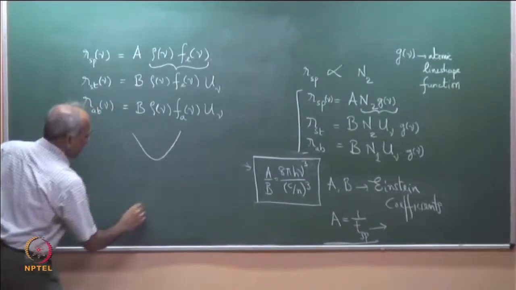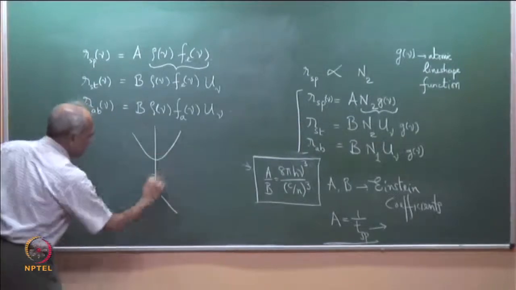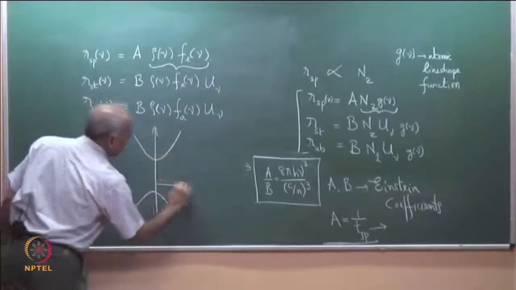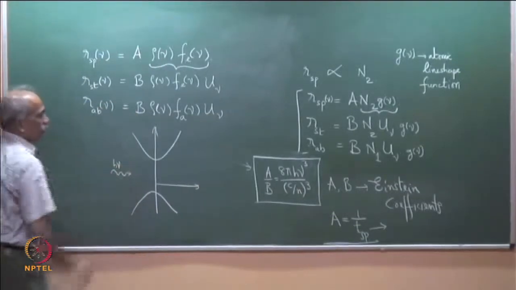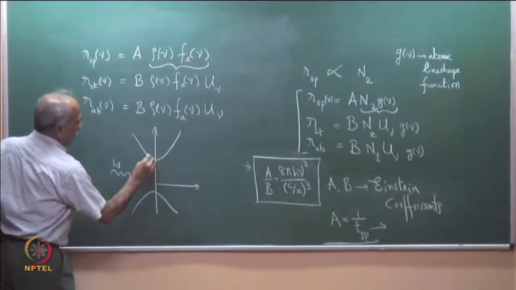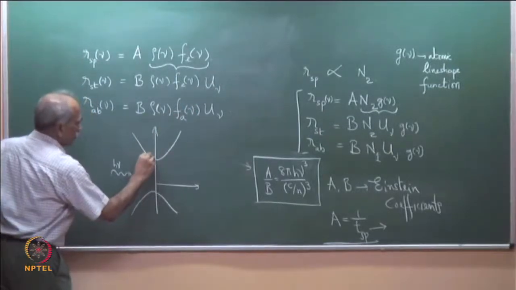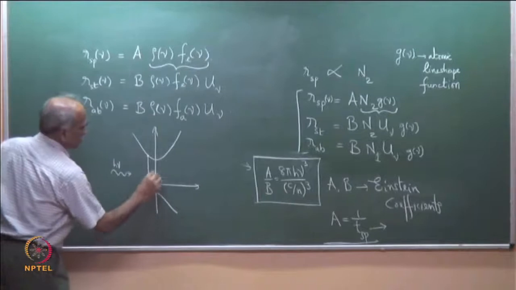If I want to illustrate stimulated emission, then I have photons coming here of energy density U nu, and an electron which is here making a downward transition.